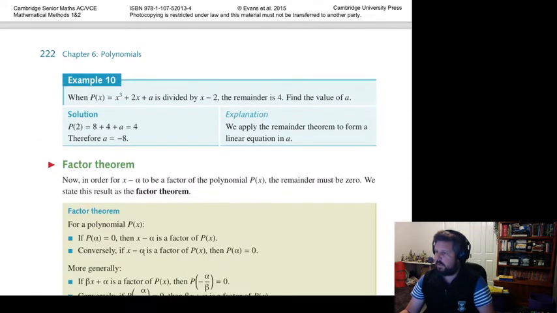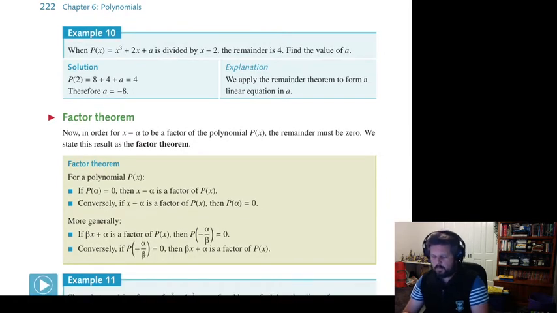Okay, now looking at worked example number 10. Oh, this can work the other way as well a little bit. So here they've given us p of x, and there's an unknown value a here. They're saying when x - 2 is divided into this, the remainder is 4. So in this particular case, they've given us what the remainder actually is.